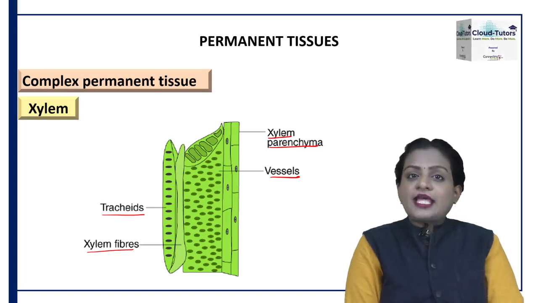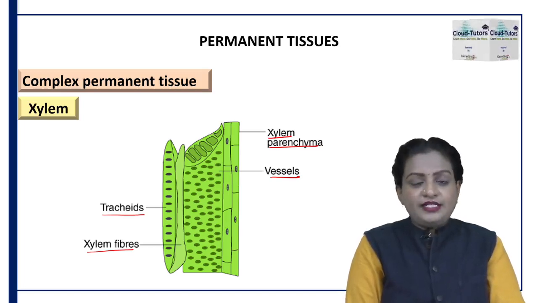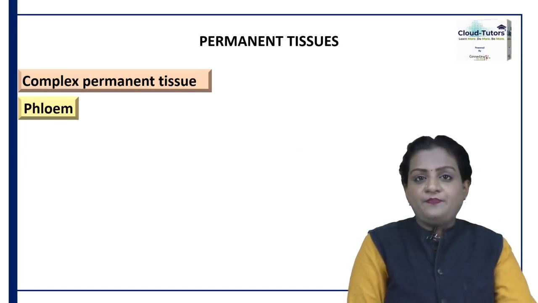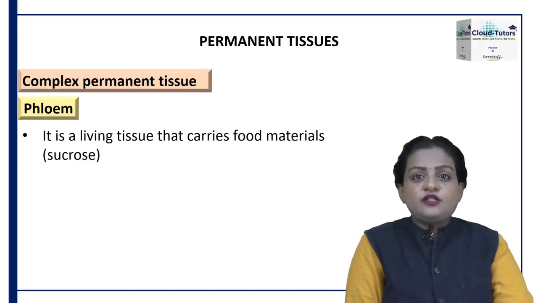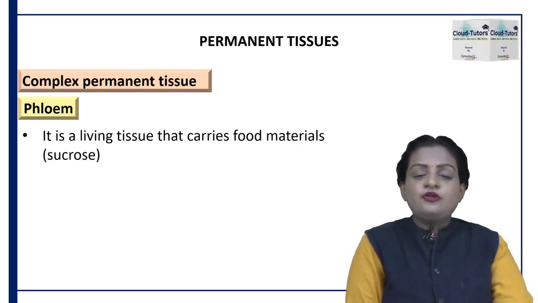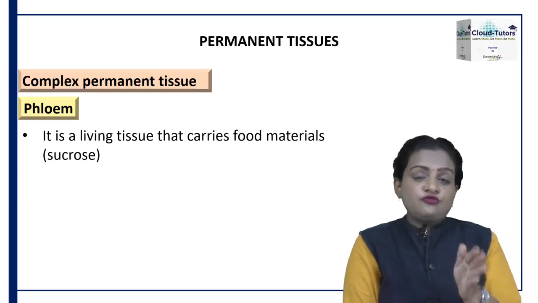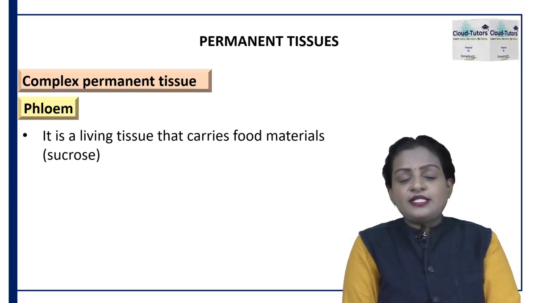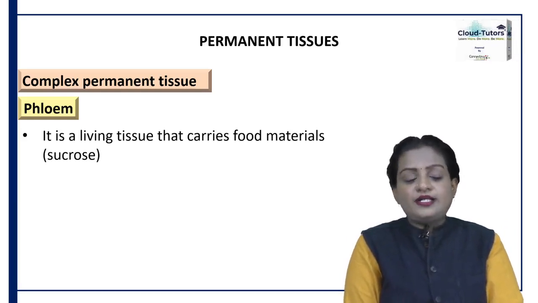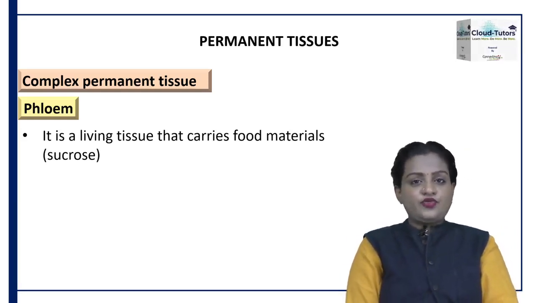Now coming to the second type of complex permanent tissue, that is phloem. Phloem, as we all know, it is a food conducting tissue, especially the photosynthetic product, which is glucose of course, but when transporting, the glucose is converted to sucrose and getting transported.